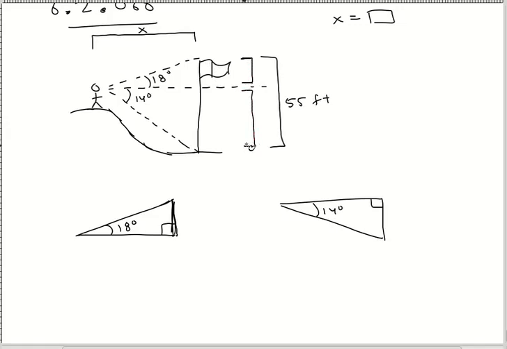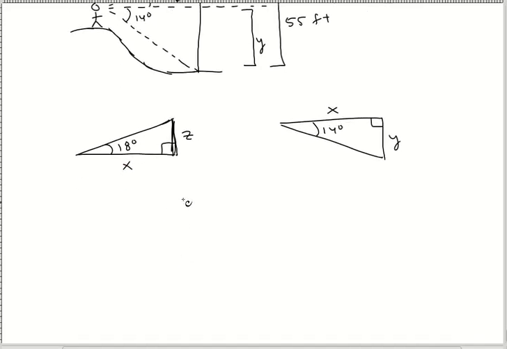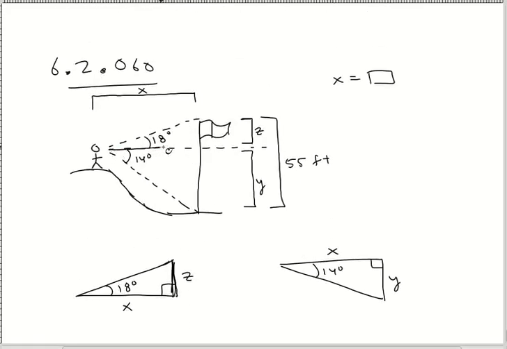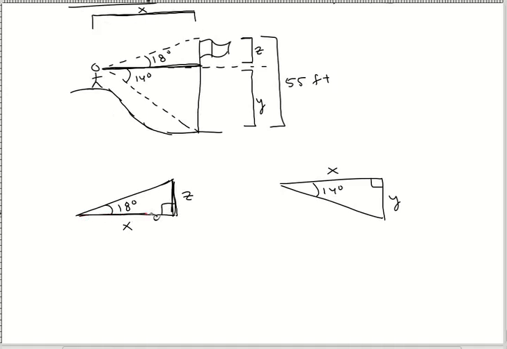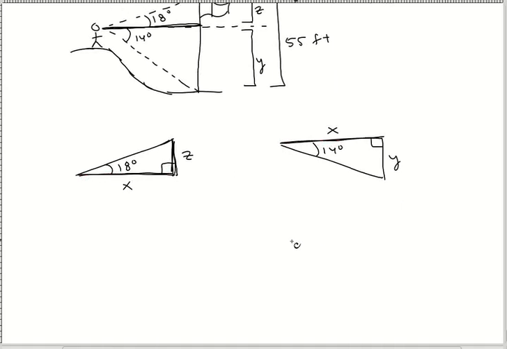What's this distance here? I'm going to go ahead and label them as Y and Z, same as that other problem, I got to use some kind of letter. So up top, this would be a Z. Down low, there's a Y. And this is still an X, and this is still an X. Because X, again, if you're noticing, X is this distance right here. You see that? Same distance. That's X. X. X. Okay.